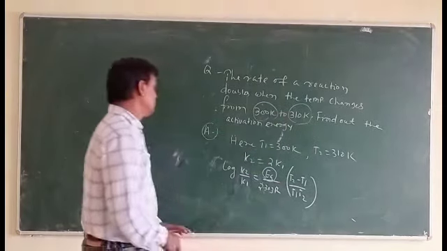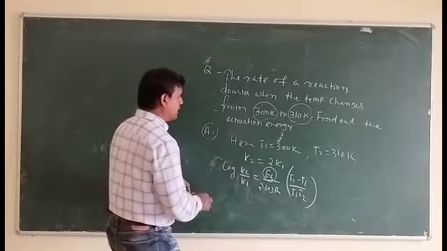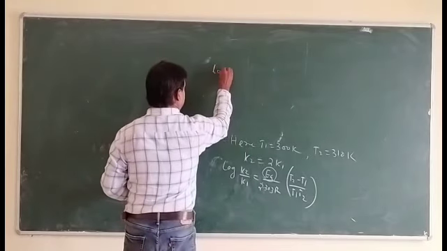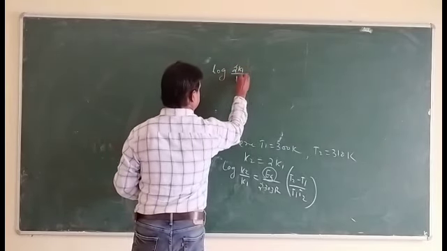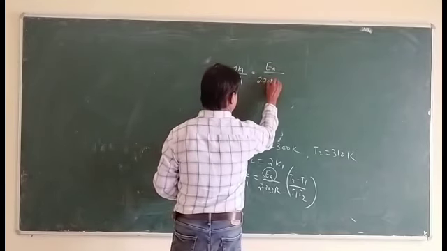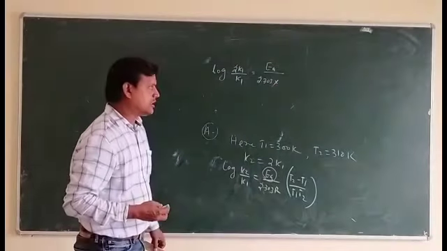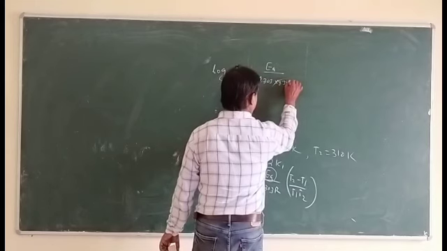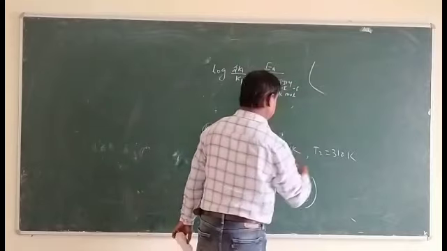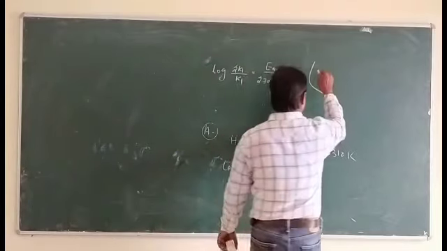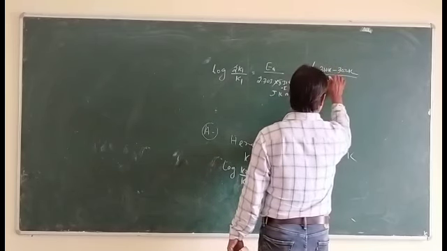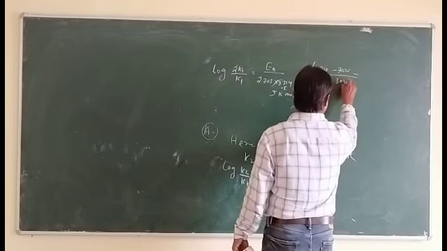Okay? In place of K2 put 2K1: log of 2K1 by K1 equals EA by 2.303, value of R you know 8.314 joule Kelvin inverse mole inverse, then T2 minus T1 by T1 into T2, that is 310 Kelvin minus 300 Kelvin divided by 310 into 300 Kelvin.